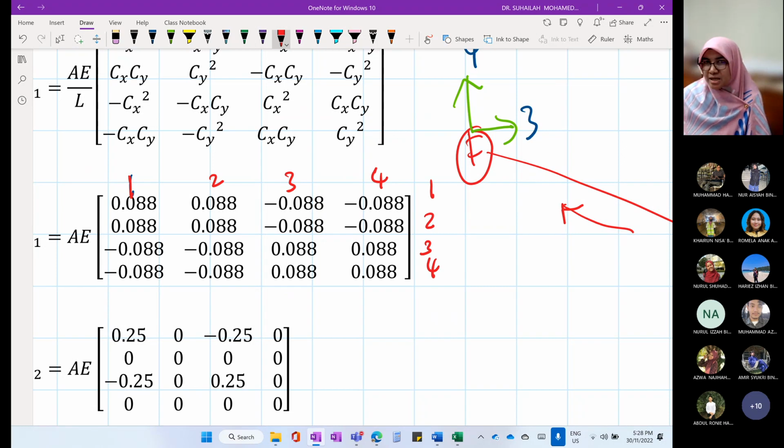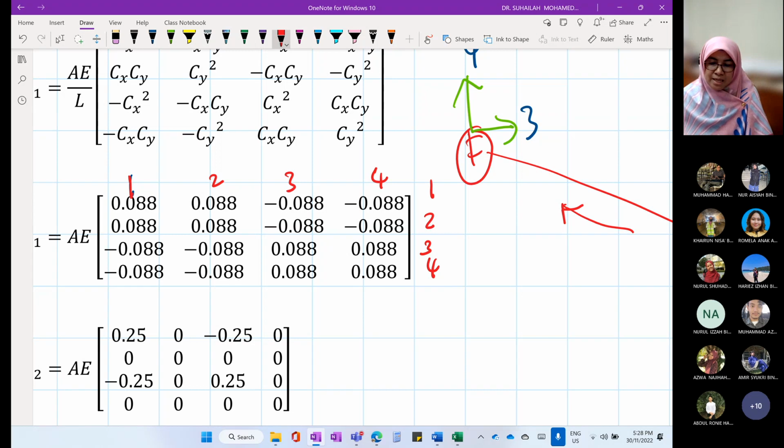That is why the arrow is important. We label starting from near. When we calculate Cx, Cy, it is far minus near. But when we label degree of freedom for each element stiffness matrix, we have to start from near: near XY, far XY.